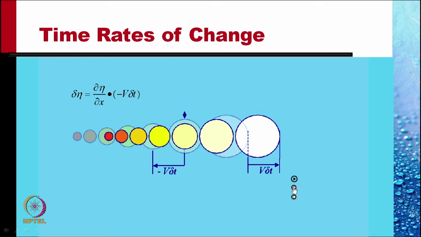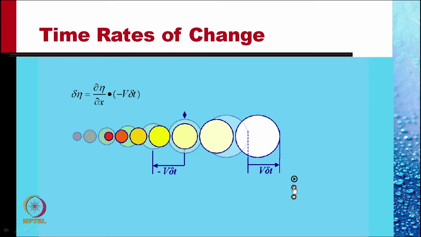This change has been recorded purely because of the motion of the particle. So, this change can be called the convective change, following the lead from heat transfer, where the convective heat transfer is because of the motion of the fluid.